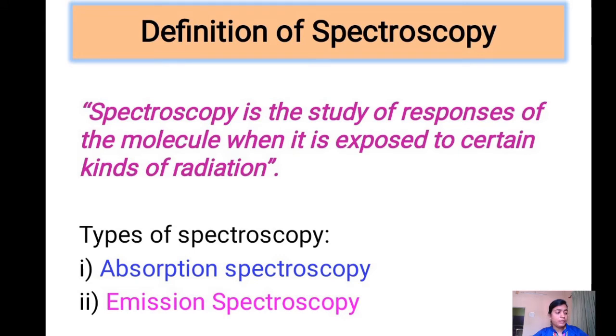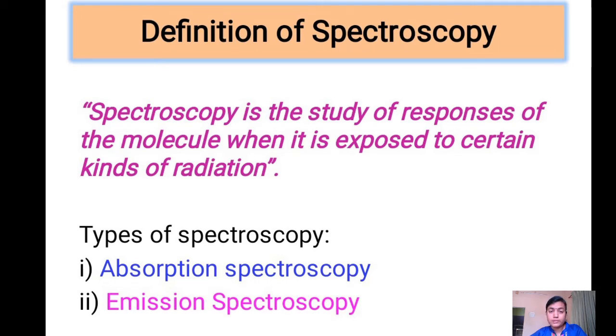In spectroscopy, the compound is exposed to certain kinds of radiation and the response given by the molecule is recorded in the form of a graph. This graph is known as a spectrum. Analysis of the spectrum gives detailed information about the structure of the molecule.